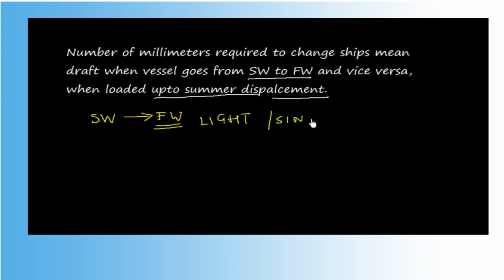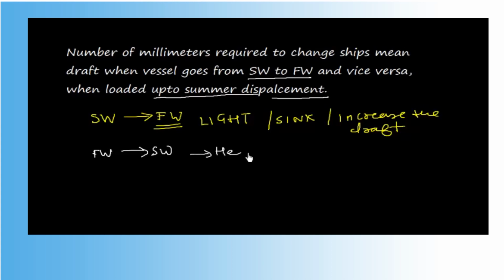The vessel will sink and this will increase the draft. Similarly, when the vessel goes from fresh water to salt water, the salt water is much heavier or more dense, so that will raise the ship, or decrease the draft.